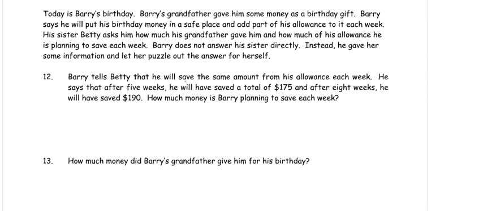Barry tells Betty that he will save the same amount from his allowance each week. He says that after 5 weeks, he will have saved a total of $175, and after 8 weeks, he has saved $190. How much is Barry planning to save each week?